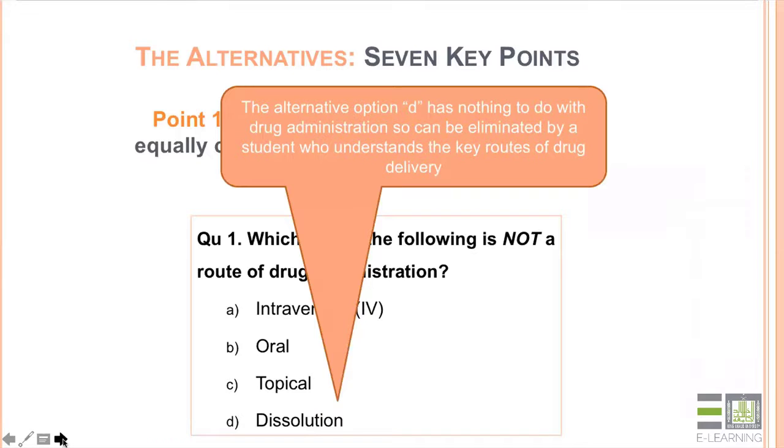So remember, the role of incorrect alternatives is to serve as a distractor. You'll find that students who have not achieved the learning objectives will select one of the distractors as their answer. But those who have achieved the learning objectives and do really understand the topic will select the correct answer from your list.